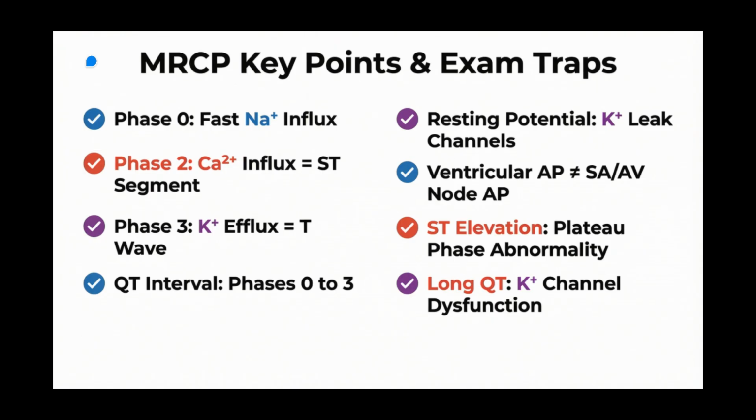Resting potential is maintained by potassium leak channels. Ventricular action potential does not apply to SA or AV nodal cells. ST elevation reflects abnormalities in the plateau phase. Long QT syndromes often involve potassium channel dysfunction.